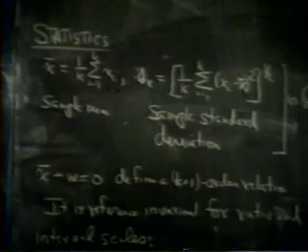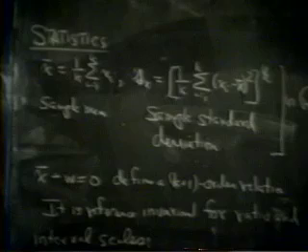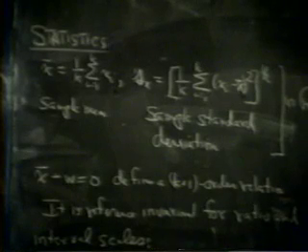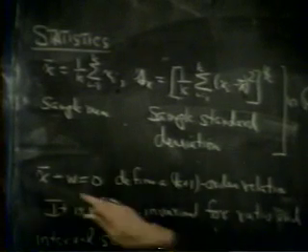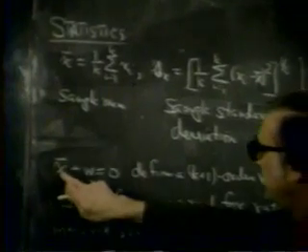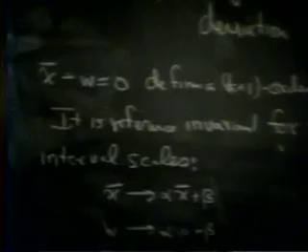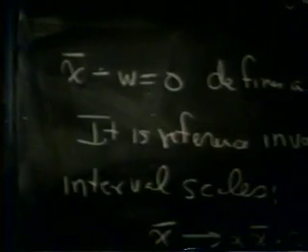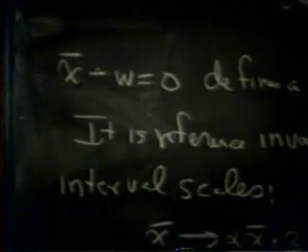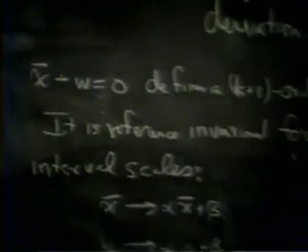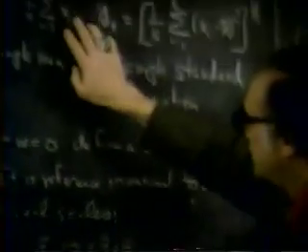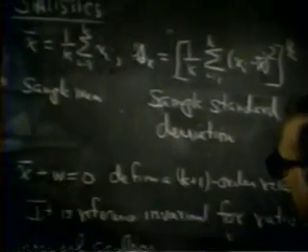For example, let's consider a statement such as the sample mean is equal in value to a particular number w, which can be written as x bar minus w is 0. Now that defines a k plus 1 order relation. That is, there's a whole set of possible observations that would be consistent with that statement.